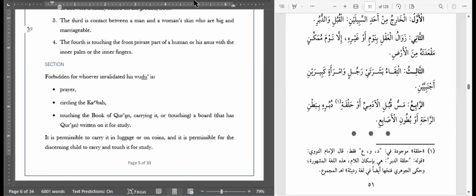His wife's daughter, if he consummated the marriage with his wife, and others.